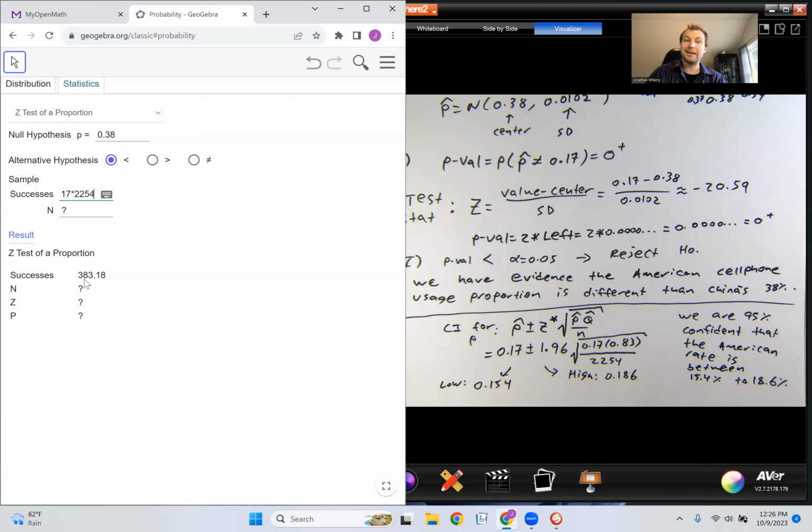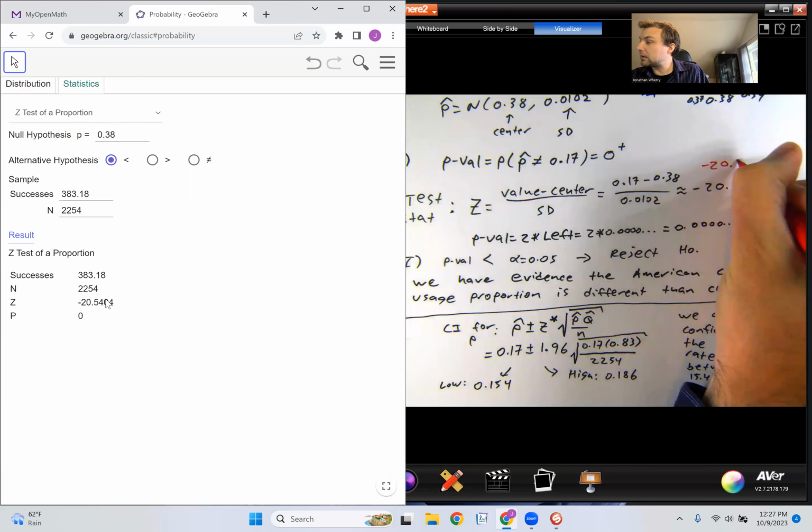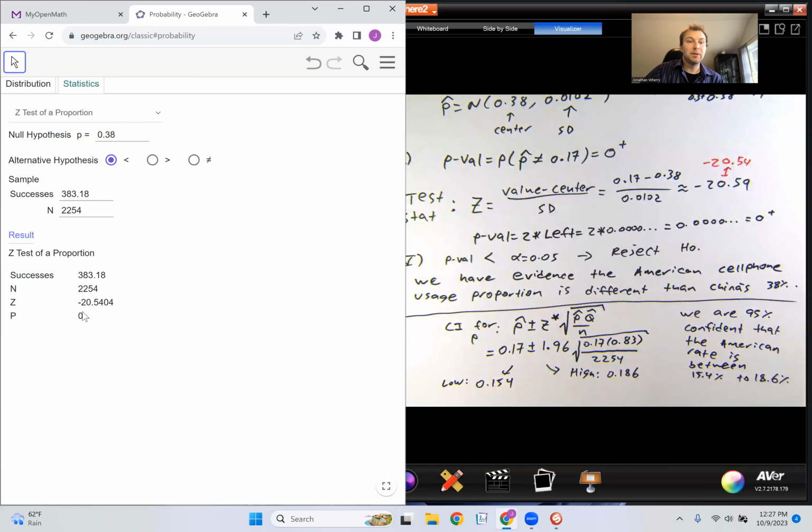So you could always multiply that together to get the number of people that were considered a success. In this case, that's about 383. For the sample size, I had 2,254. Doing so verifies my test statistic of negative 20.54, so up to a little bit of rounding. That's what we're getting there. I'm going to write down the calculator one later, side by side. It is giving me the same p-value of 0+.